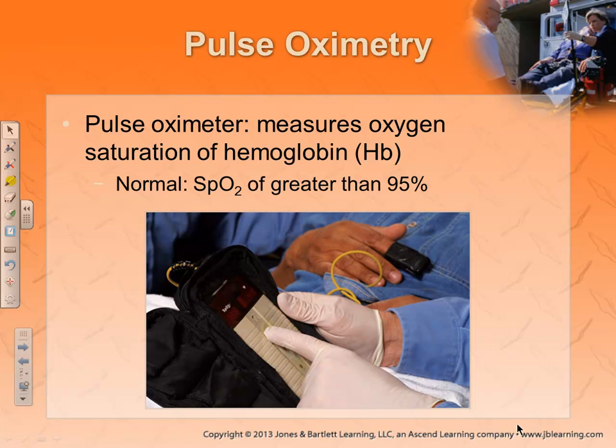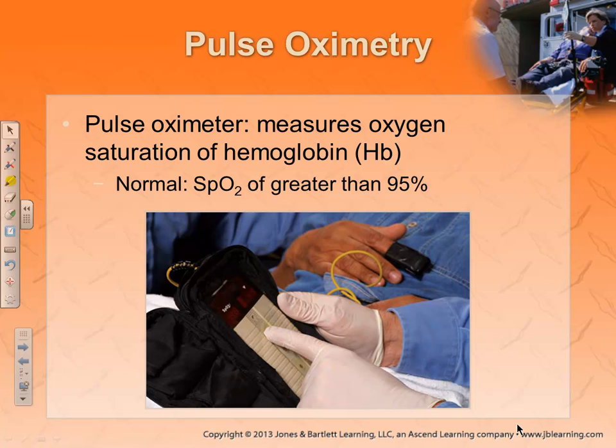Pulse ox. We want it greater than 95%. Pulse ox measures what? The percentage of oxygen in the blood, but more in detail, the amount of what on what? The amount of oxygen on the hemoglobin. All right? Is pulse ox always going to be our most reliable airway tool?